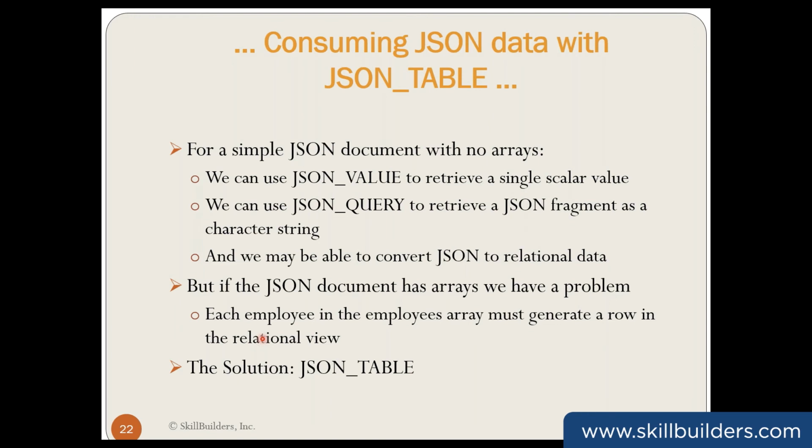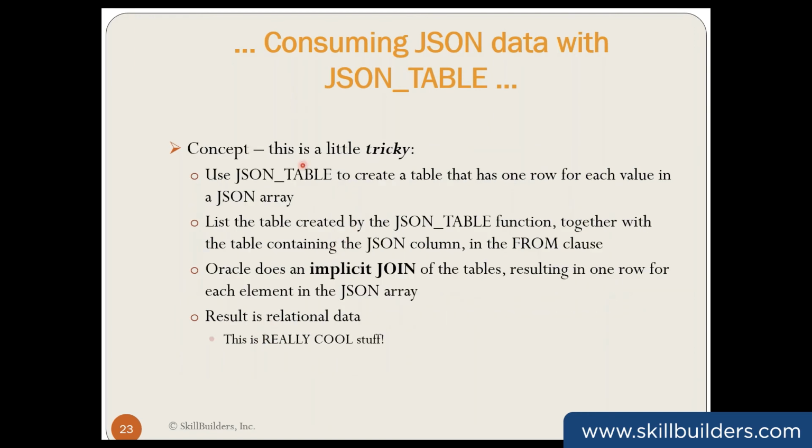We use JSON table. How does JSON table work? It's a little tricky, not too tricky, just a little tricky. If you had 2 tables, a department and an employee, you'd list them both in the from clause and you would join them together. What JSON table does is create a table with 1 row for each value in the JSON array. So if you have a JSON array with many employees, it's going to take that 1 array and create 1 row for each one of those.